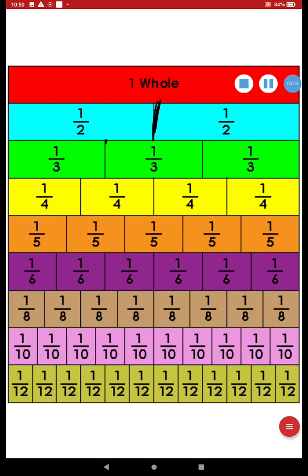If I were to cut my fraction twice, that gets me thirds. 3 thirds equals a whole. If I were to cut my fraction bar 3 times, that gets me fourths. 4 fourths equal a whole, and 2 fourths equal a half.